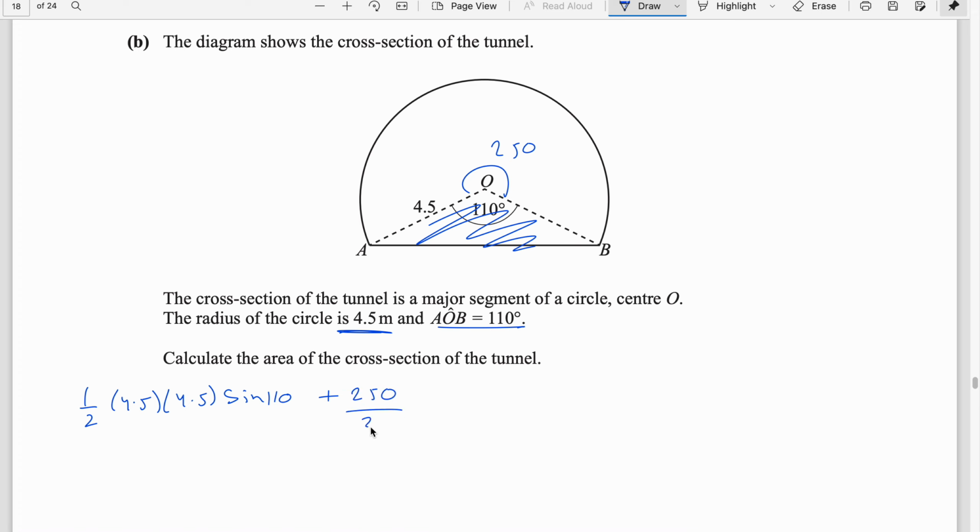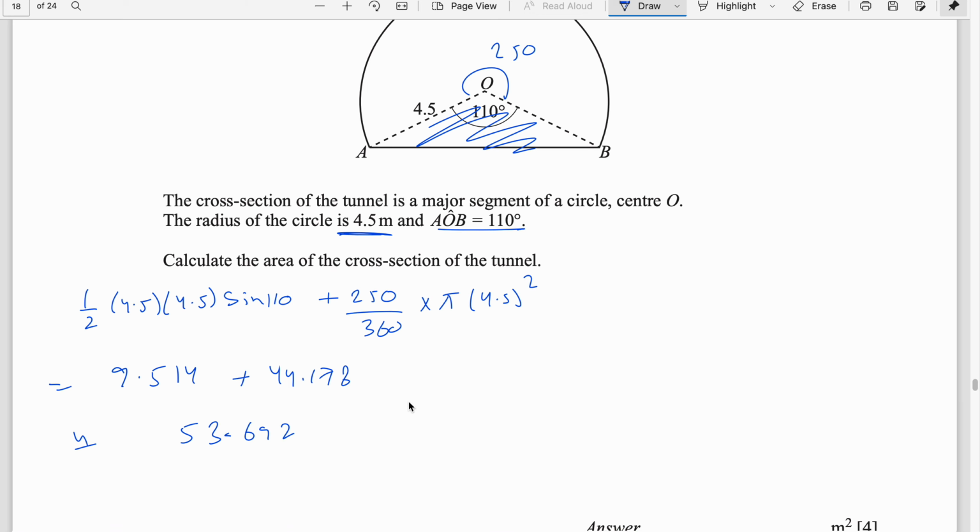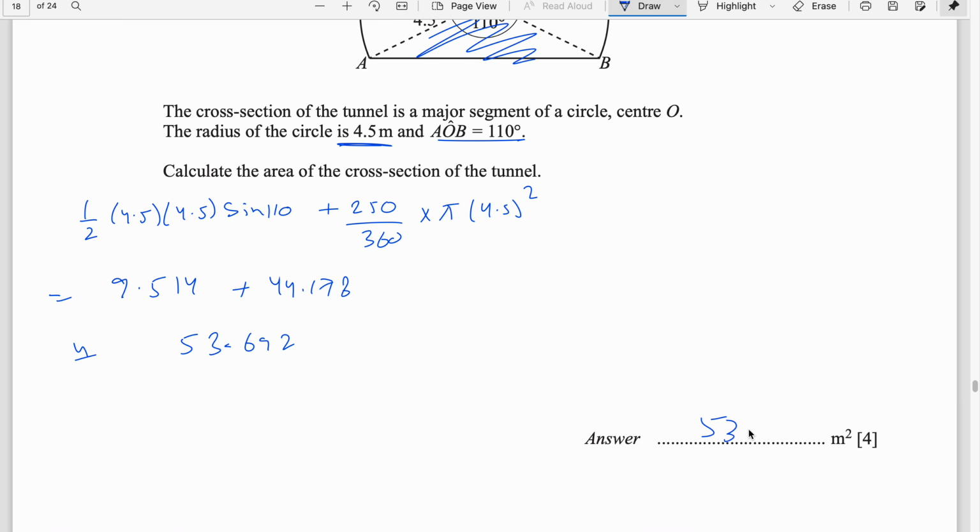Then 9.514 plus 44.178 is approximately 53.69, so 53.7 meters squared.